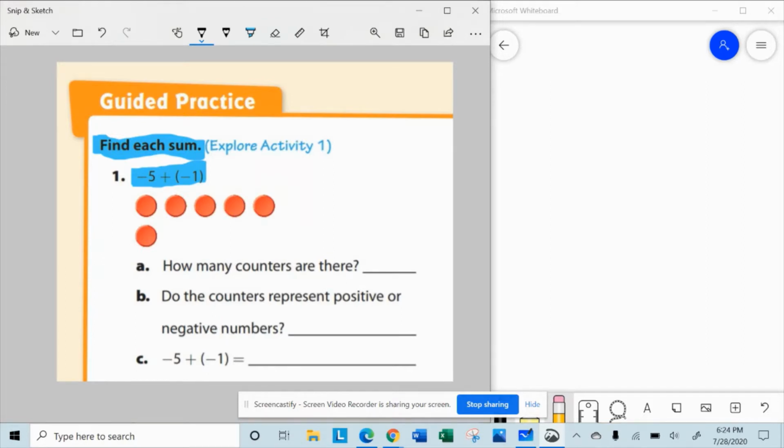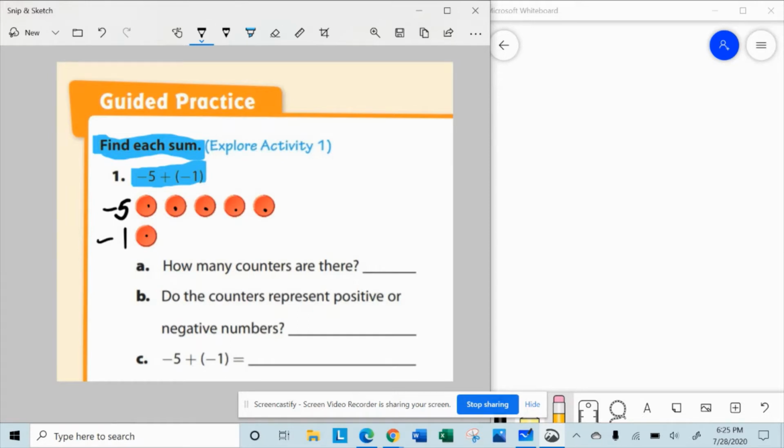For -5, these are the counters they have for us. So we have 1, 2, 3, 4, 5 negative counters right there for -5. And we also have to make one for the -1, and that's this one here, just 1.